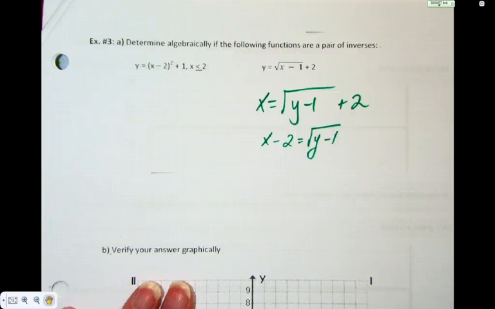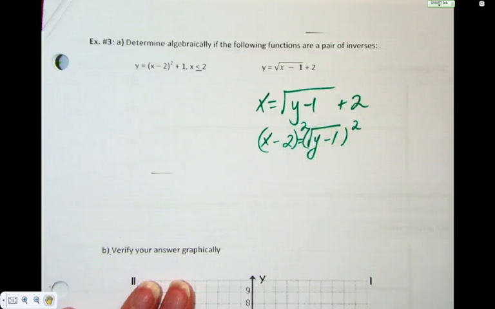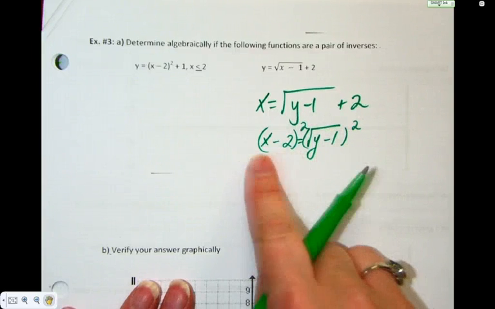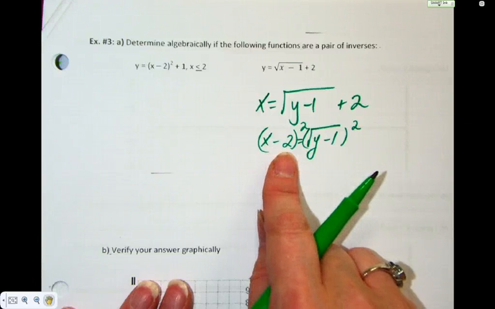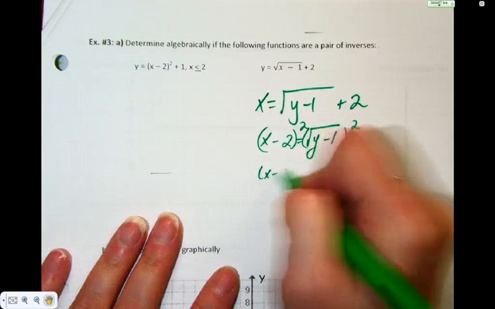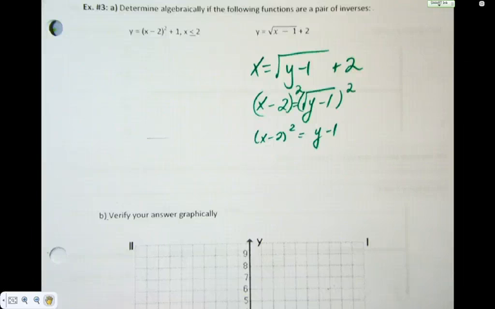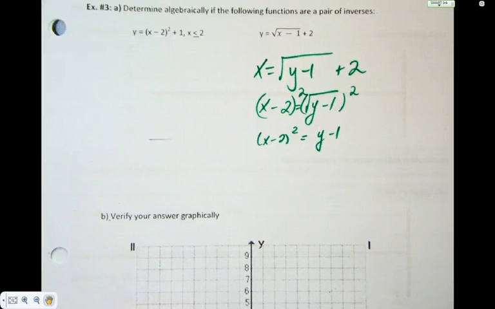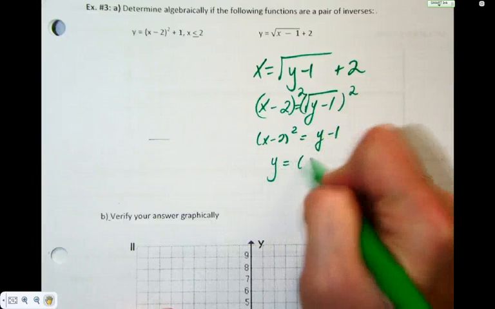Okay, how do I get rid of a square root? Now, I could FOIL out this left-hand side, but we probably don't want to. Why not? Because we look at this side, right, and it's not FOILed, so we're just going to leave it as x minus 2 squared. How do I get rid of a minus 1? Add it, and then I'm just going to flip the sides at the same time.